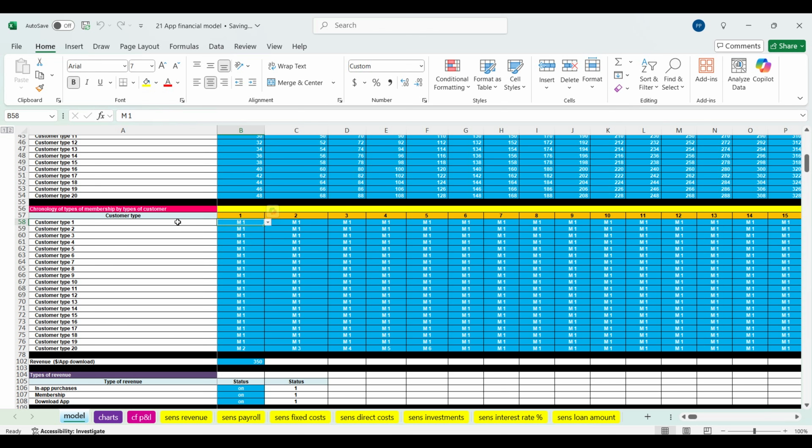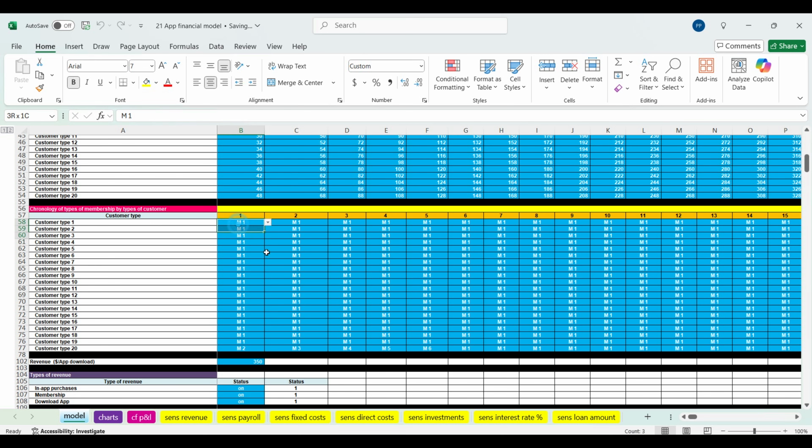So for example, one type of customer may start with membership number 1, and then let's say after a year of using the app, this customer may go from membership number 1 to, let's say, membership number 4, and this will also affect the cash flow statement.